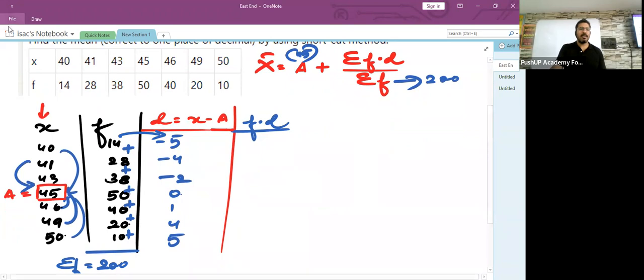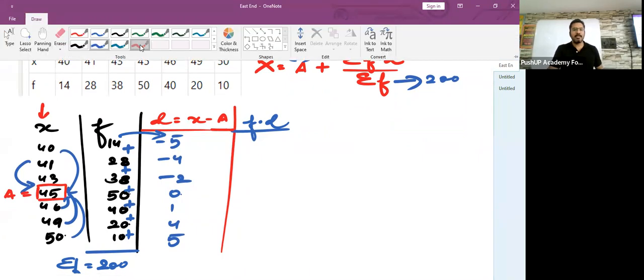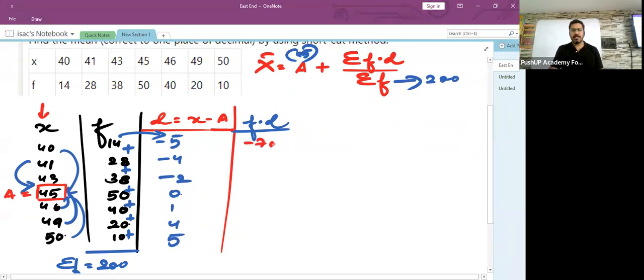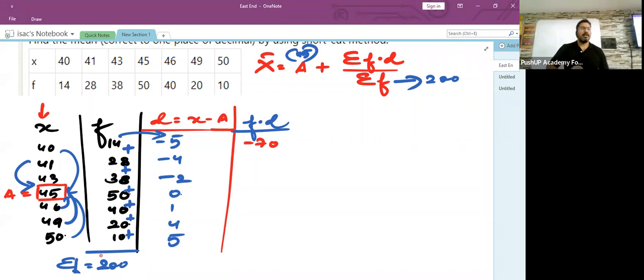D is what? -5. 14 into -5 is what? -70. Please be careful of the negative and the positive signs, okay? 14 into -5 is what? -70. 28 into -4 is what? Minus how much?